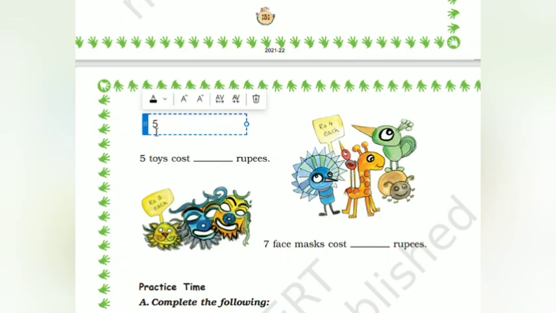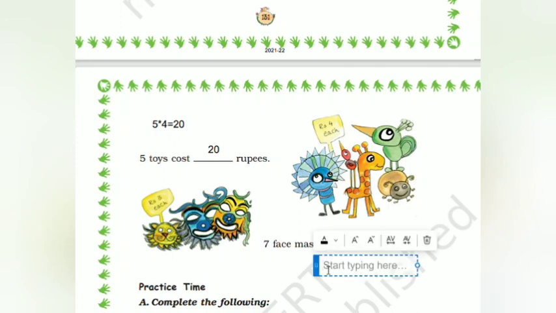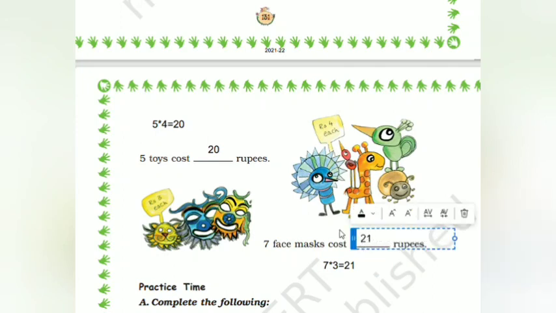So 5 toys, 4 rupees will give 20. Cost 20 rupees. Then 7 masks, each one costs 3 rupees. 7 into 3, that is equal to 21. So 7 masks cost is equal to 21.